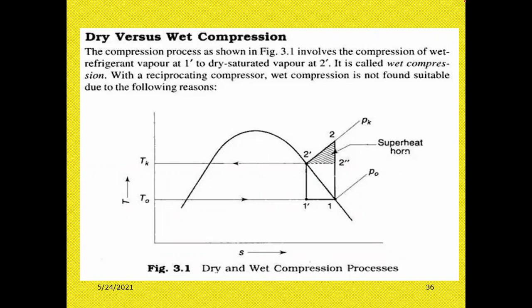Here the figure shows the compression of wet refrigerant at 1 dash to dry saturated vapor at 2 dash. Whenever the split window is on the outside of the room, the difference between the temperature and entropy.